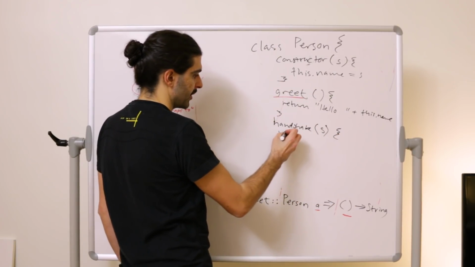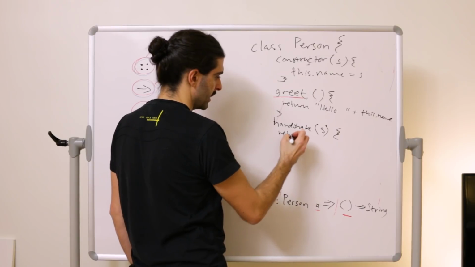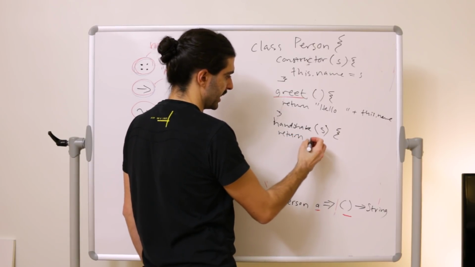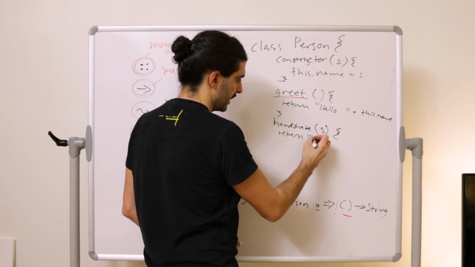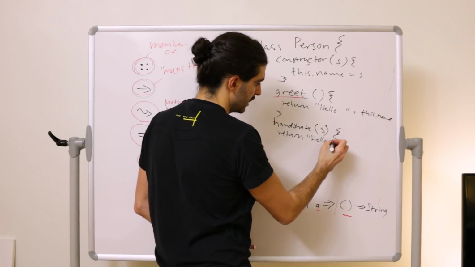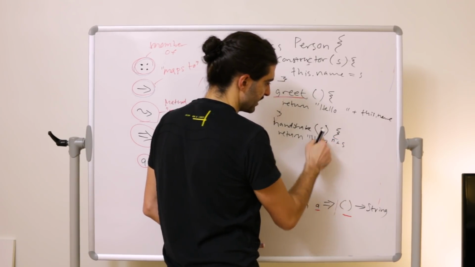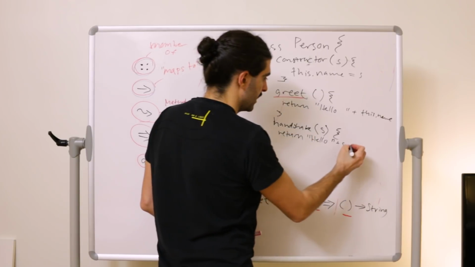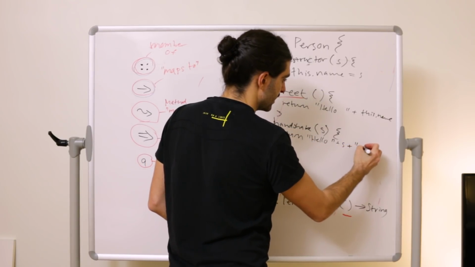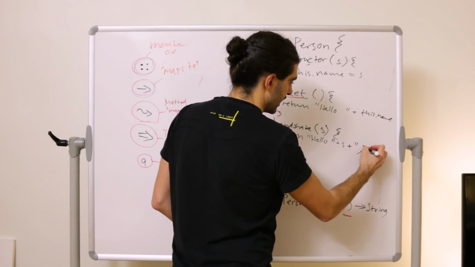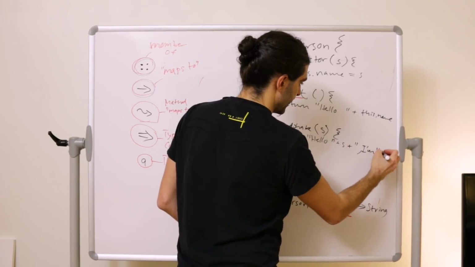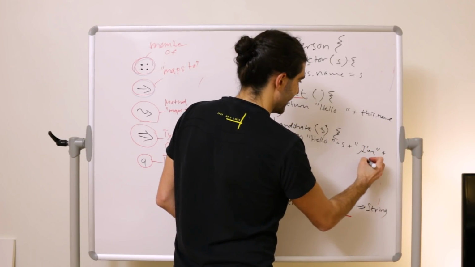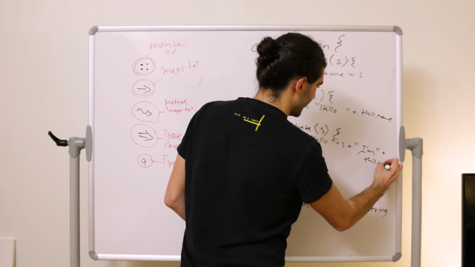And then maybe we return the string, hello space plus s, the person that we've passed in, plus space, comma, I'm, and then space plus this dot name, right?